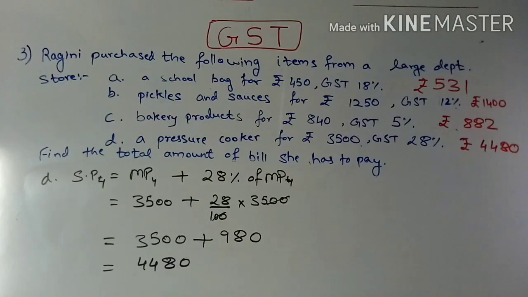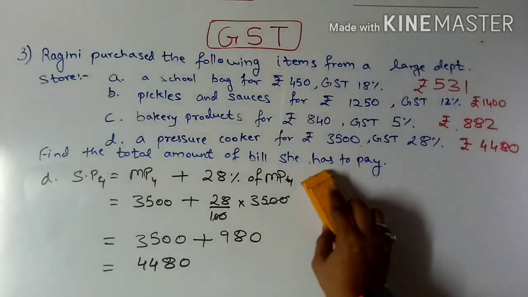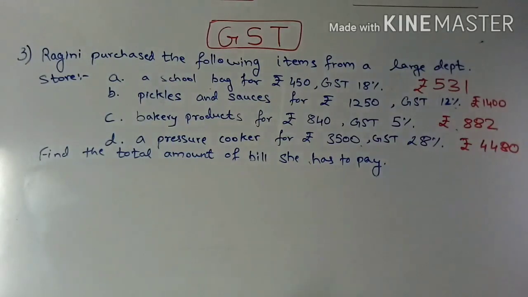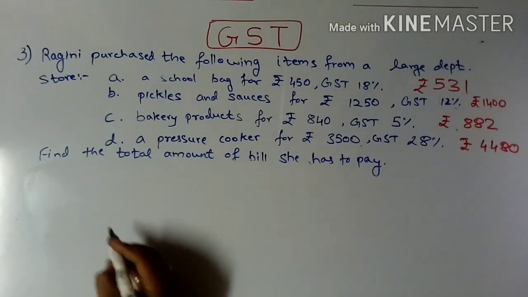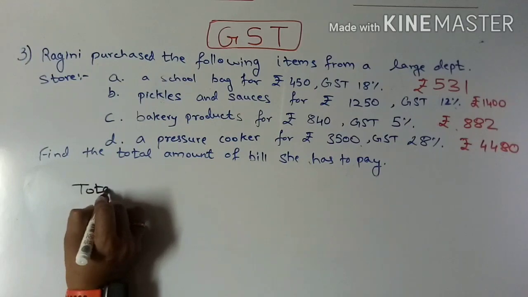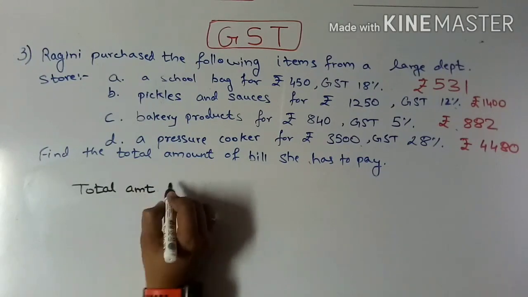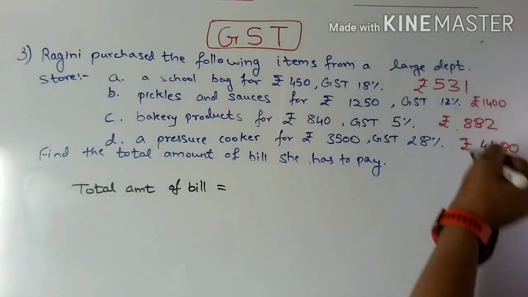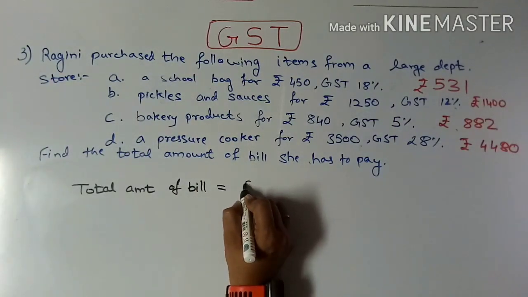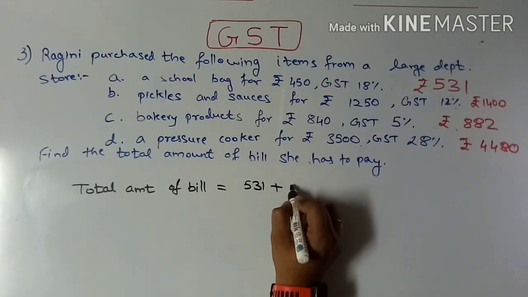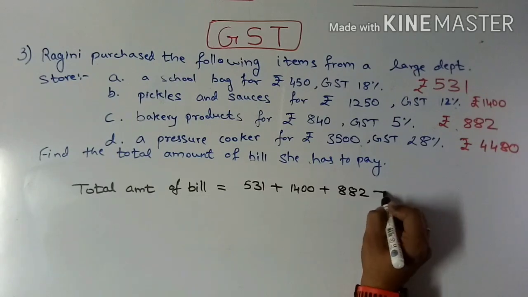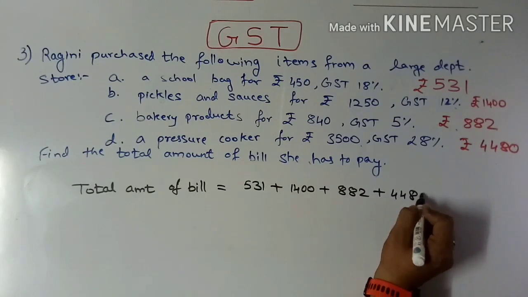Now what is the question? Find the total amount of the bill that Ragini has to pay. So I'll have to add all the selling prices to find what will be the total bill that she'll have to pay. So total amount of bill will be equal to the sum of all these selling prices, 531 plus 1400 plus 882 plus 4480.